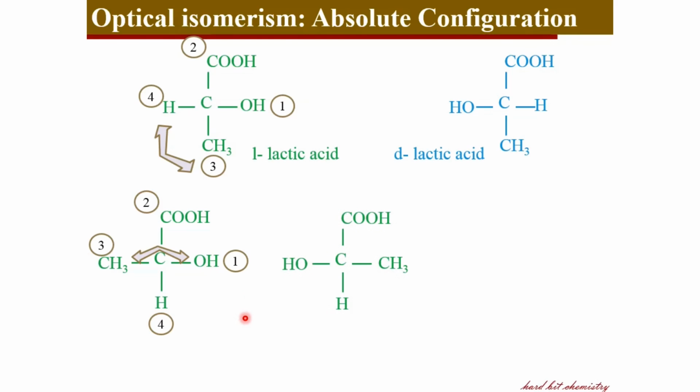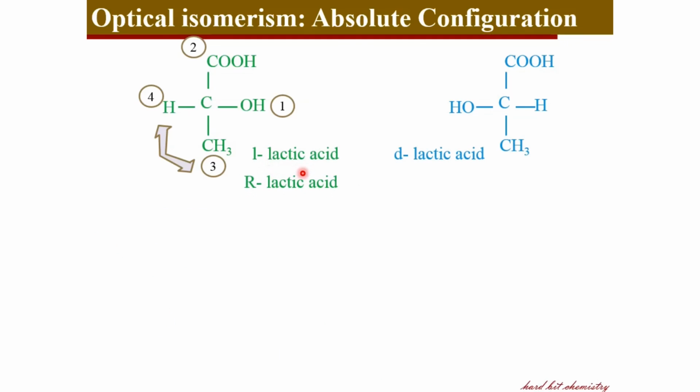So with this exchange I get a new structure like this, and from the side of hydrogen, if I look from 1 to 3, my eye travels like this in the clockwise direction. Therefore this configuration is R lactic acid. So levolactic acid is R lactic acid, to say its absolute configuration.